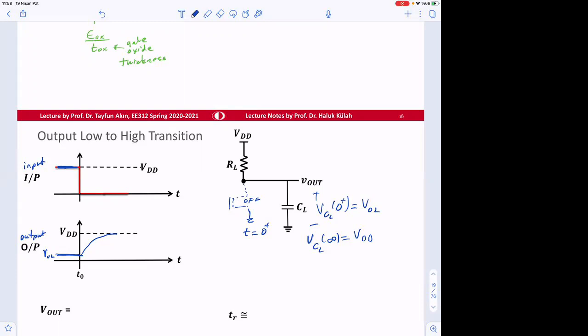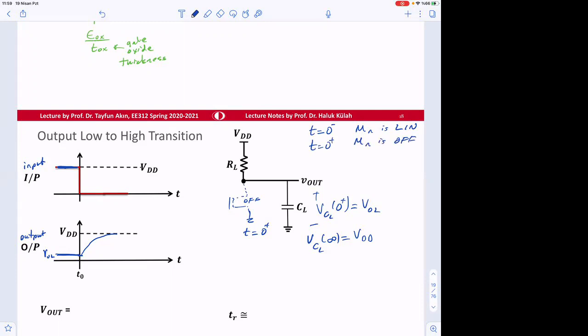Therefore, what about the states of the transistors? At t equal to 0 minus, Mn is linear. And at t equal to 0 plus, Mn becomes off.